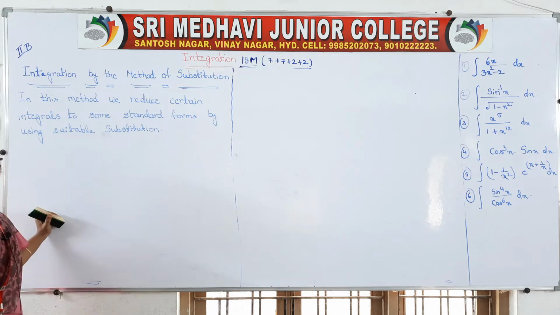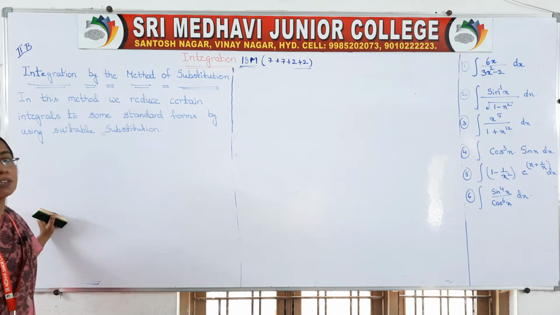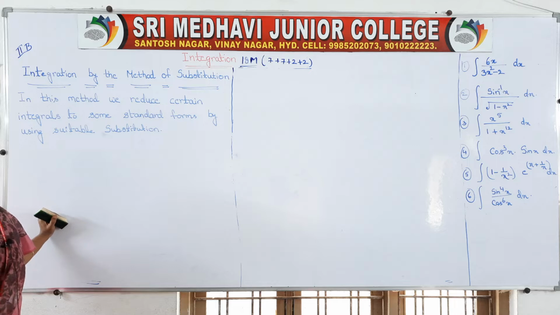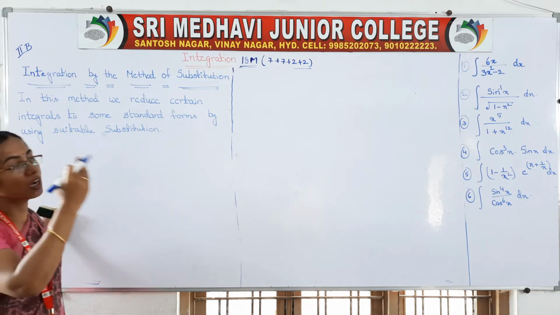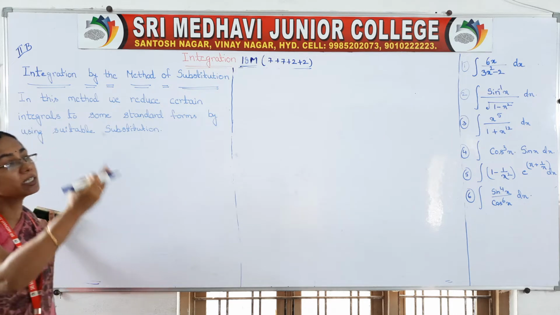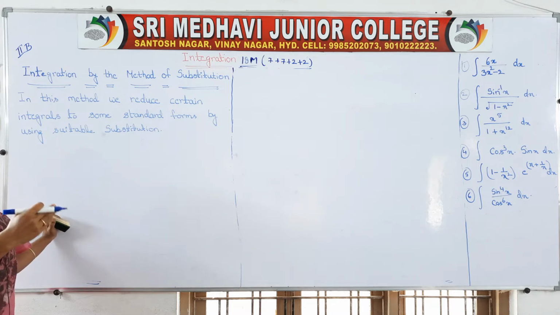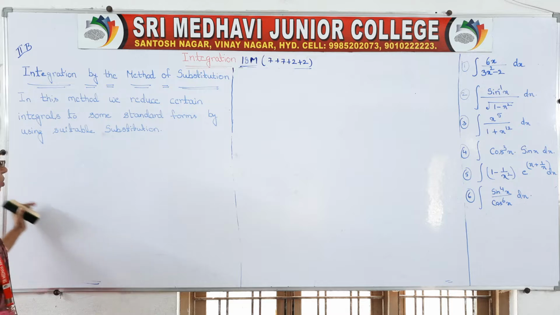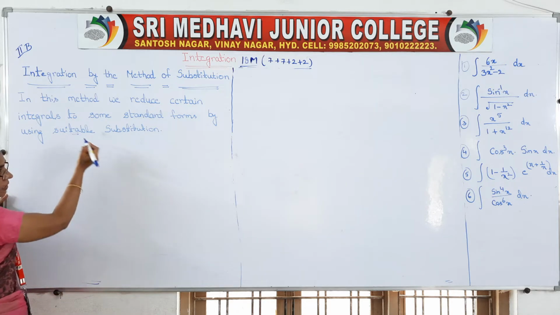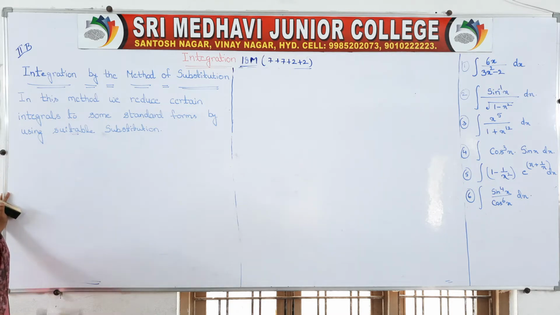At the end we should get our standard form so that we can apply the formula. If the problem is not in standard form, by using this substitution method we can get it into standard form. By a useful or suitable substitution we will get the answer.